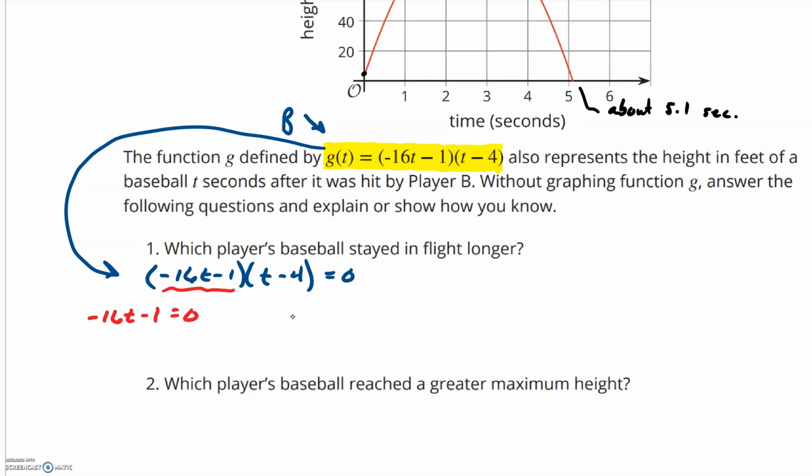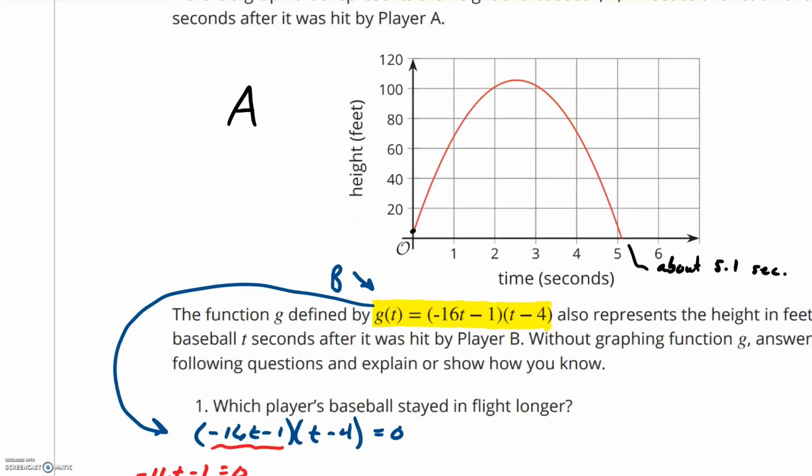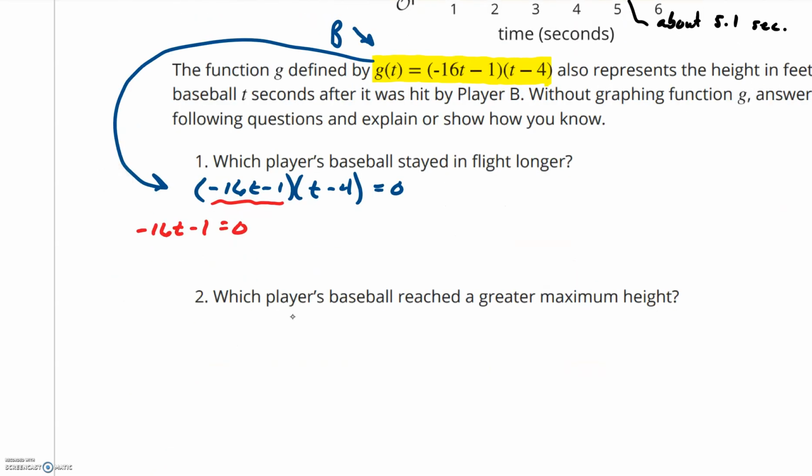If we solve this, this gives us an idea of when the ball was on the ground for the first time. So we do this by adding 1 to both sides, and I get negative 16t is equal to 0 plus 1, which is 1. Then I solve this by dividing both sides by negative 16, and I get t is equal to negative 1/16.